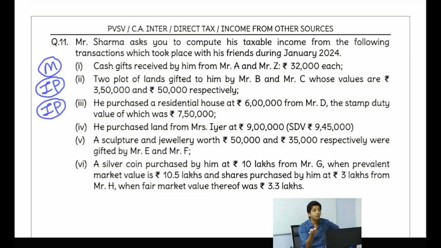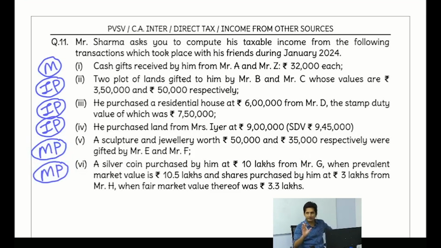Land is again immovable property, so write immovable property. Then sculpture. Sculpture is an art, an artistic work, movable property. And jewelry is also there in the point. So these are movable property. So here I will write MP. Next point is about a silver coin. Even a silver coin is movable property.